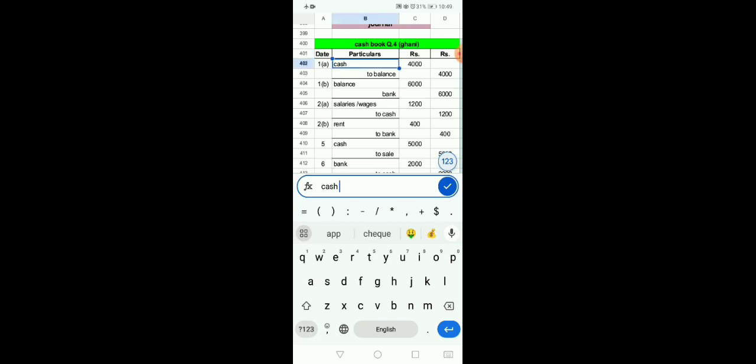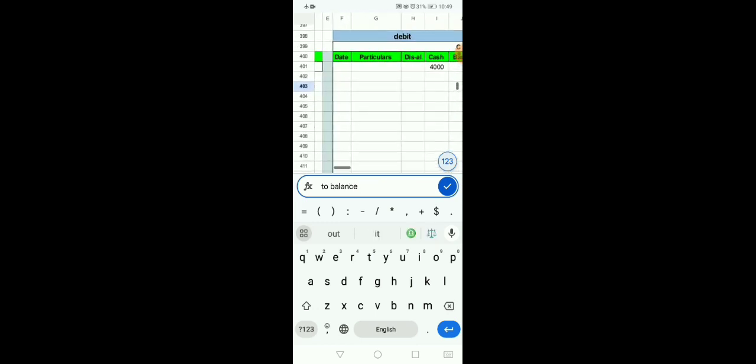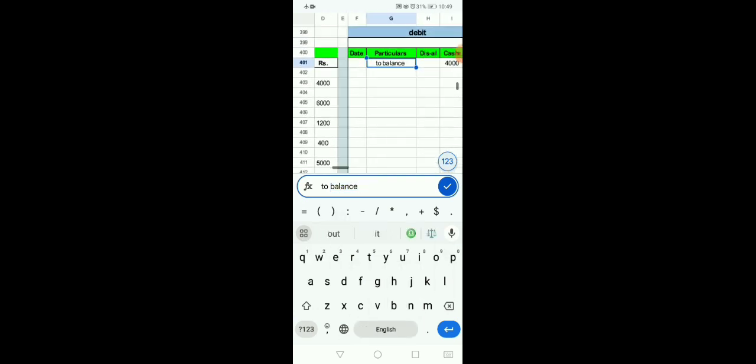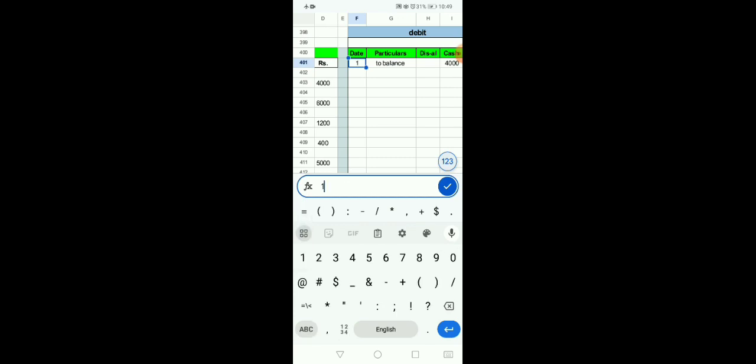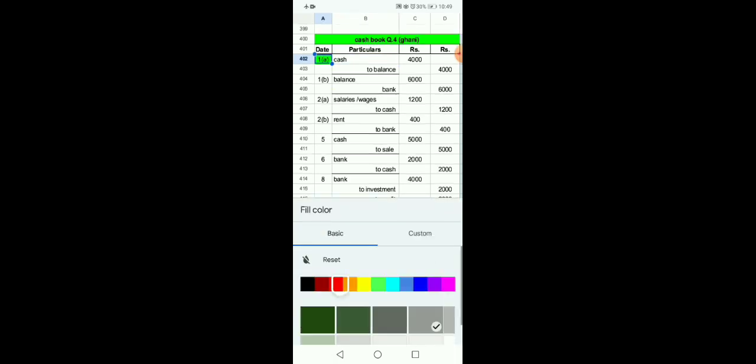If you are debiting cash, you will see what is written on the opposite side. At opposite side you have seen its balance, so in particular you will write 'to balance' as your reference. Now see the date, which is 1A, so you will be posting date 1A as well. In 1A there was only one element to be posted and we have posted, means entry number 1A is completed. Mark it as it has been done.